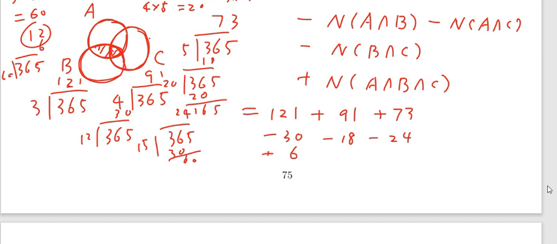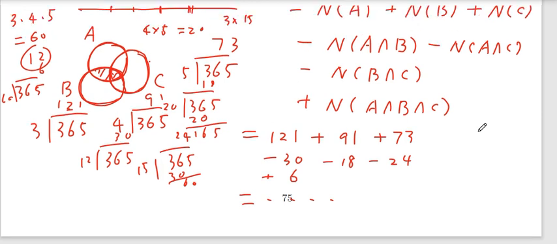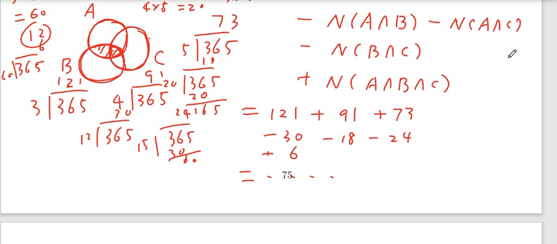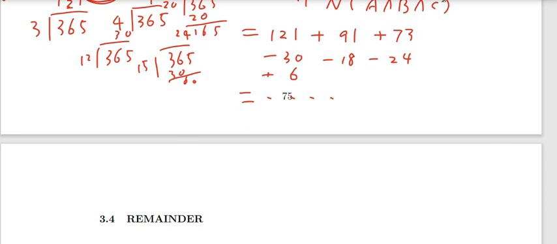Okay, so we need to find this number, the number of days she received a call, maybe 1 call, maybe 2 calls, maybe 3 calls. Then the days with no call is 365 minus this number. Okay, so we just stop here.